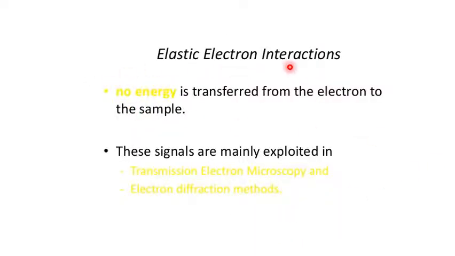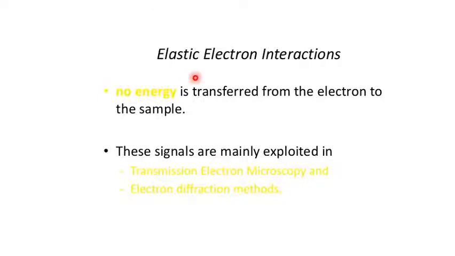Elastic electron interaction. In elastic electron interaction, that is, interaction of an electron with a material that is elastic, there is no energy gain or energy loss. No energy is transferred from the electron to the sample or from the sample to the electron. These signals are mainly exploited in electron microscopy.